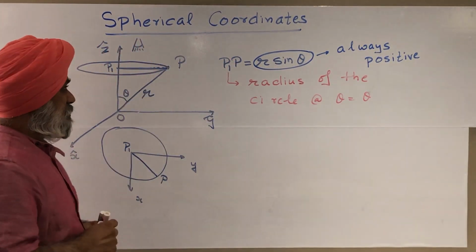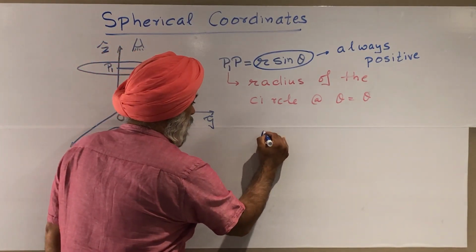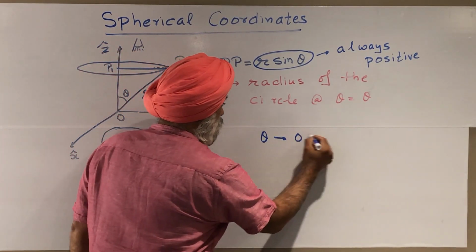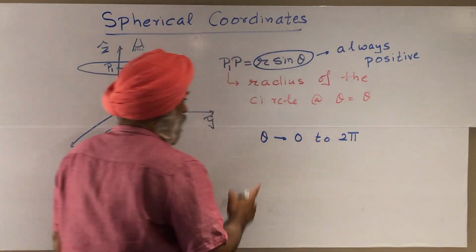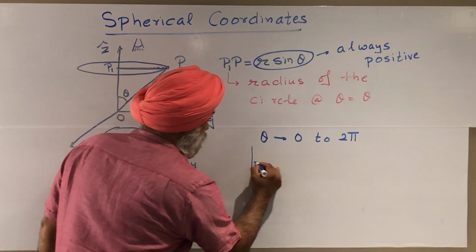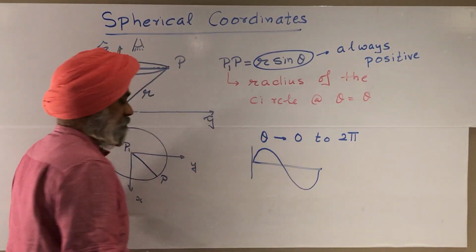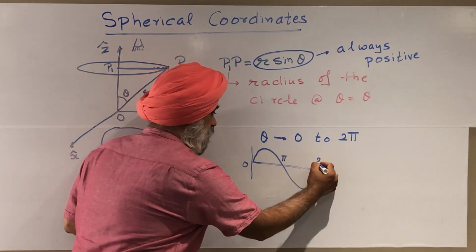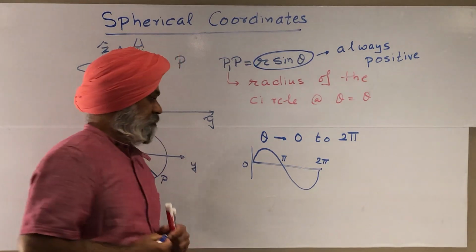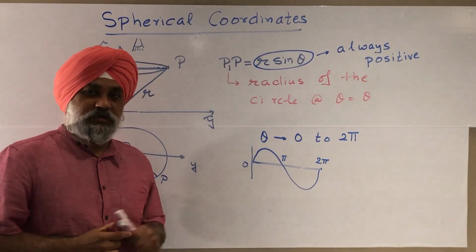So if r sine theta has to be always positive, and the question was asking what would happen if I make theta go from 0 to 2 pi. Well, sine theta goes like that. Sine theta goes from 0 to pi to 2 pi. Right? That's what sine theta looks like.